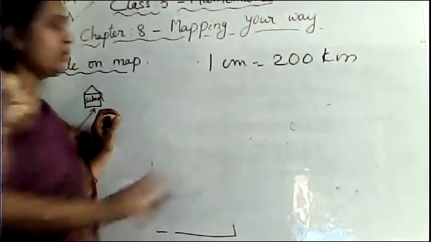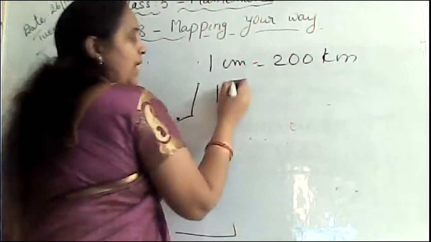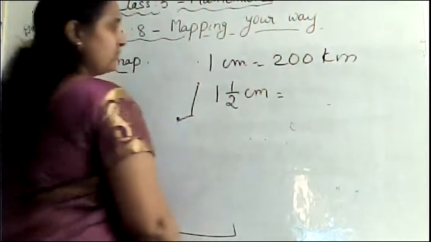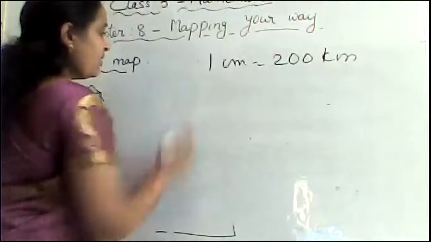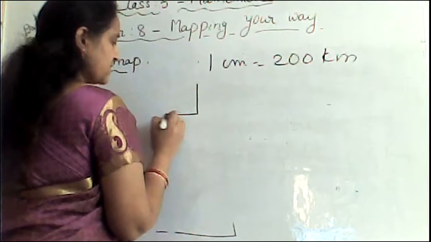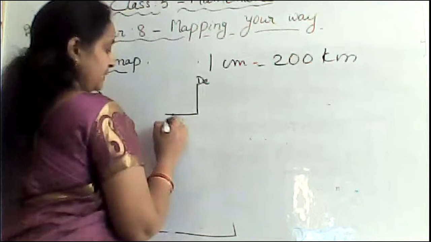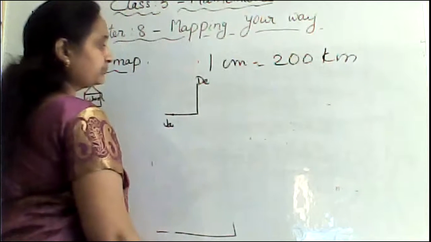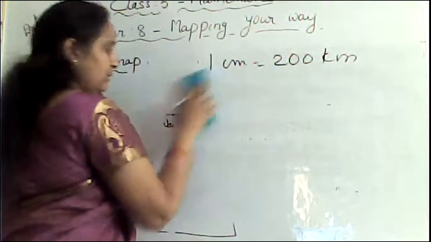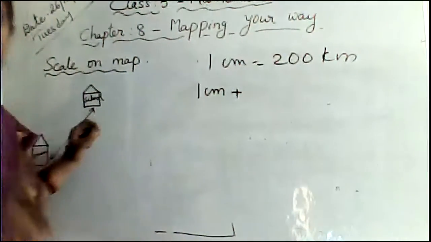Now Delhi to Jaipur. How many centimeters did you get? Here it is Delhi, and here it is Jaipur. From here to here is 1 centimeter, plus a small part.